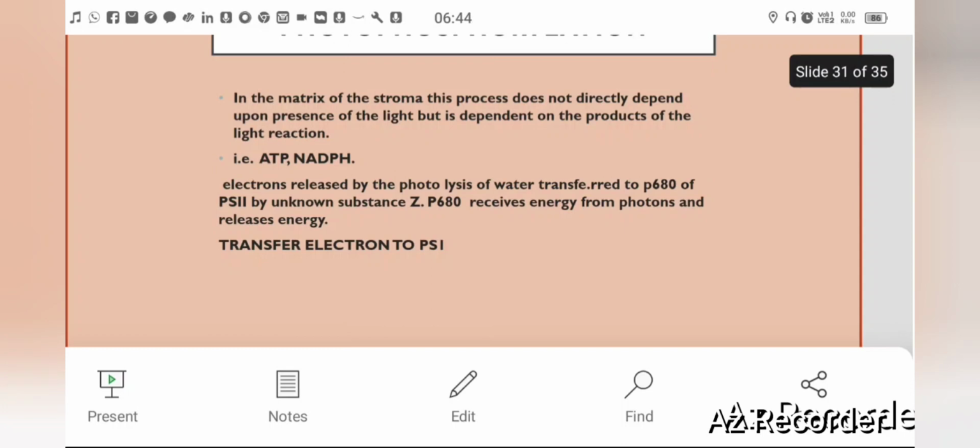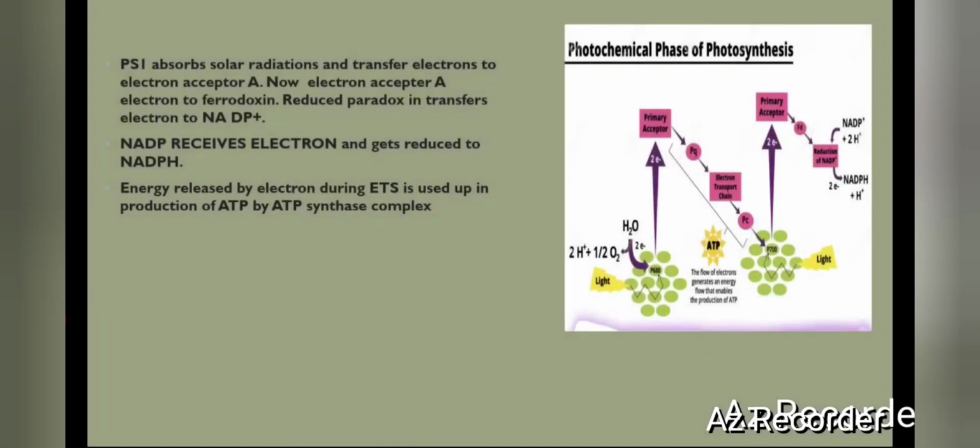It transfers the electrons to the PS1, the photosystem 1. PS1 absorbs the solar radiations and transfers electron to the electron acceptor A.